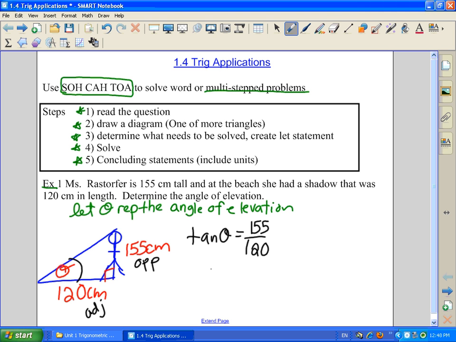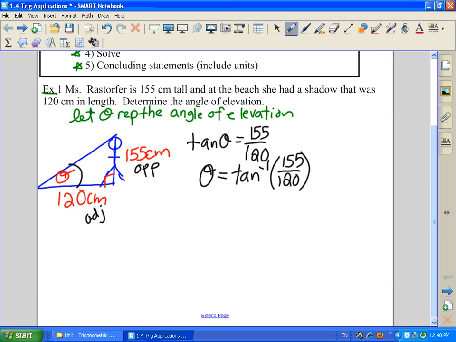Remember, when we need to find the angle, we have to use our inverse buttons on our calculator. So the tan inverse of this fraction. Again, remember the tangent compares the length of the opposite side versus the length of the adjacent side. When you put that in your calculator, you should get approximately 52 degrees.